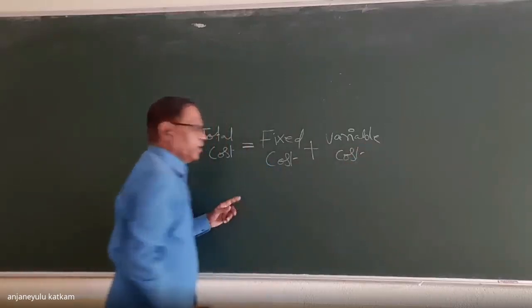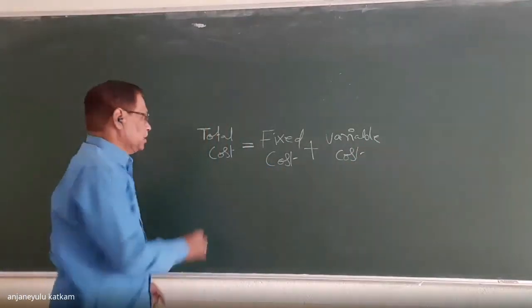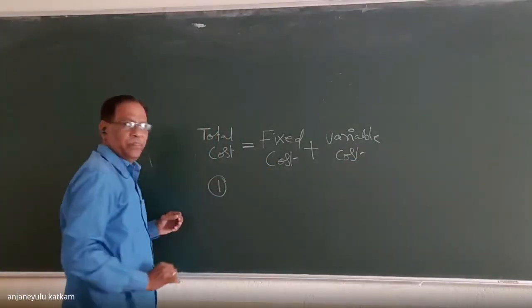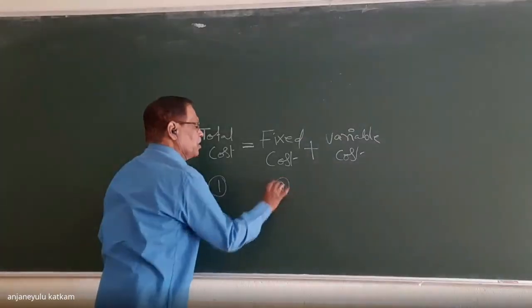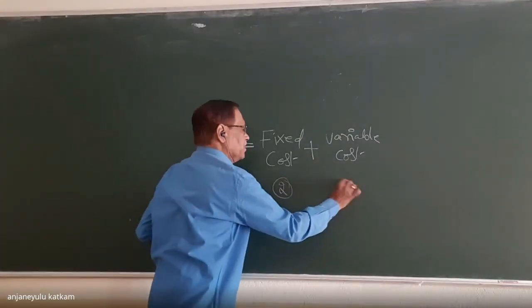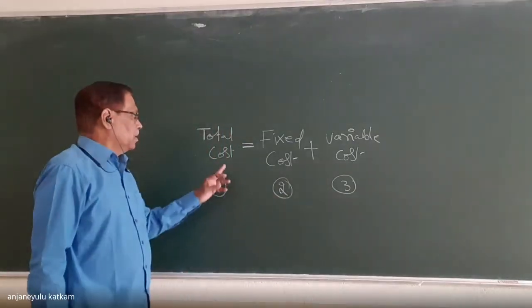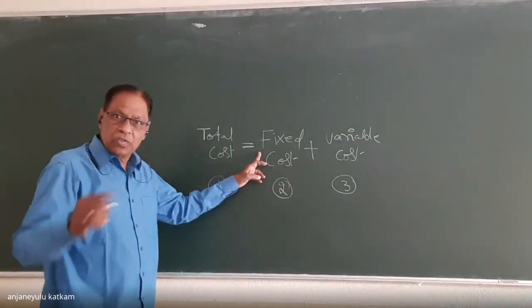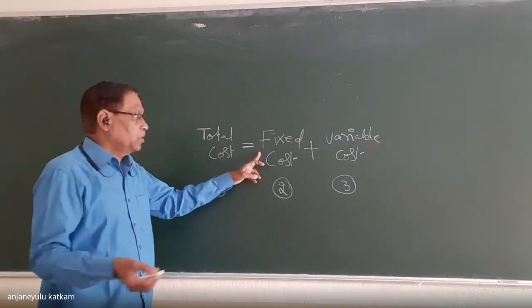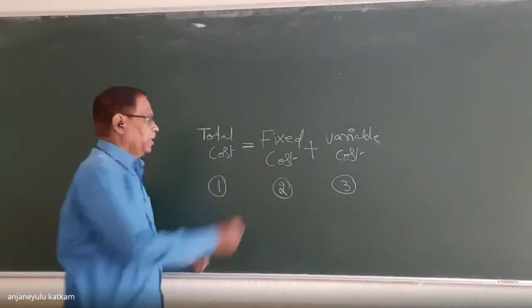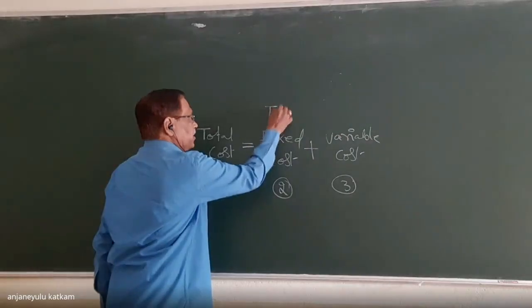So we have now three types of cost. One is the total cost, second is the fixed cost, third is called the variable cost. This fixed cost is also known as total fixed cost, represented by TFC.